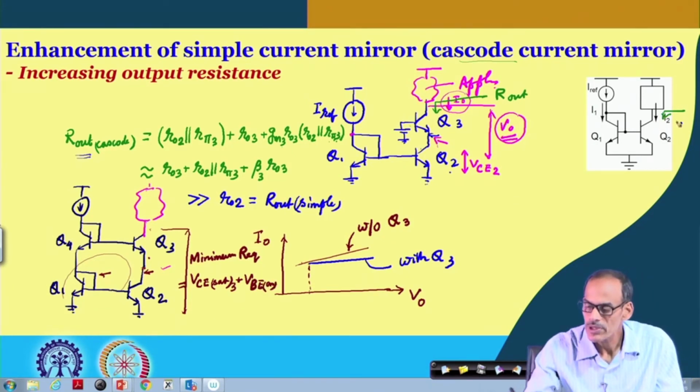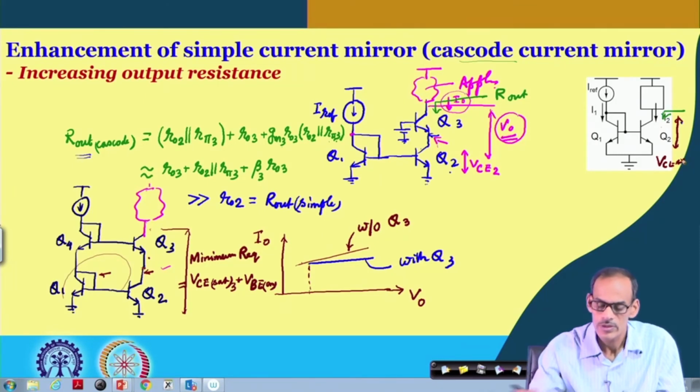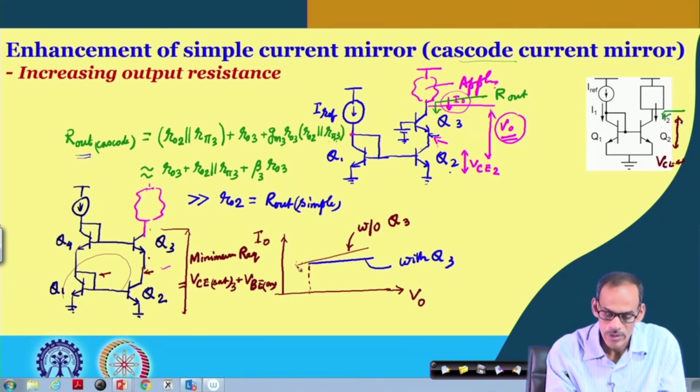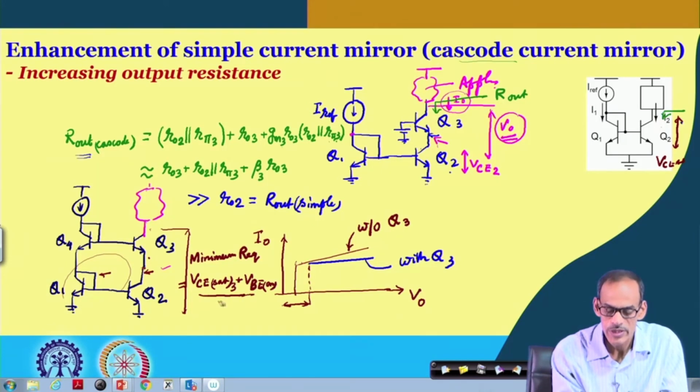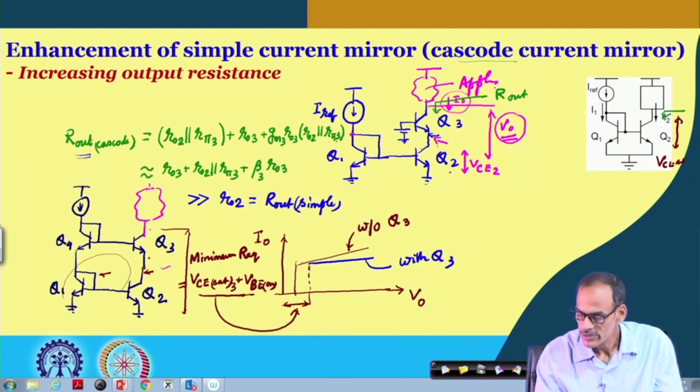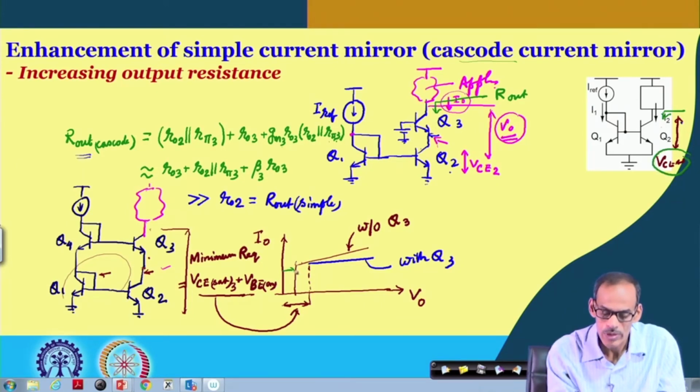Whereas for the simple current mirror, the minimum required voltage was only VCE set of transistor 2. So that is the only limitation: we require VCE set plus VBE on, whereas for the other circuit we require only VCE set.